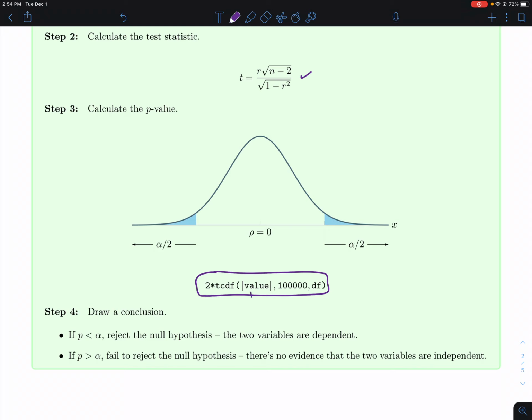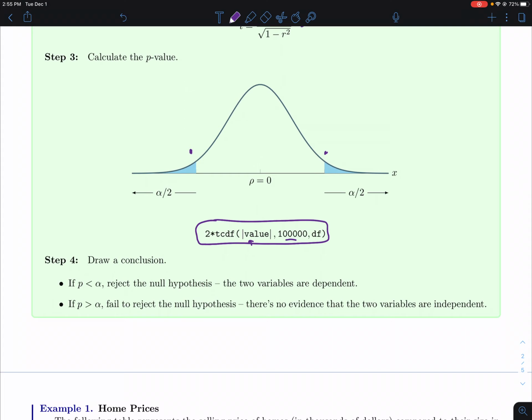I put the absolute value of the t-value, because if it's negative, we're down in this area somewhere, and if it's positive, we're up in this area. But if you just take the absolute value and use 100,000 as the upper bound, you don't have to worry about whether it's upper or lower. You can always calculate it as an upper, and it'll work the same either way.